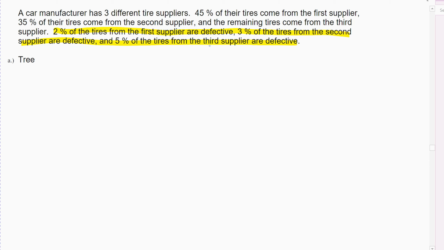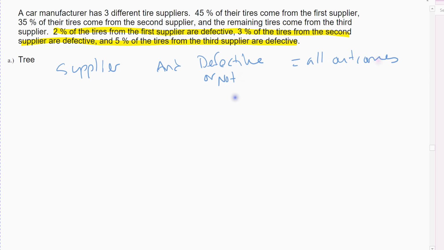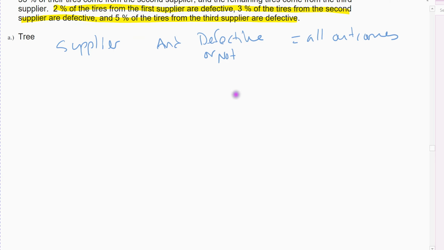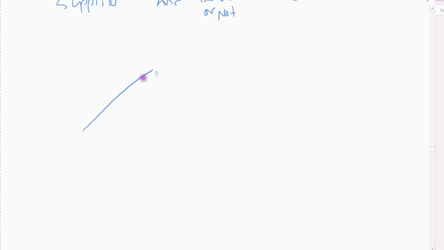So my tree is first, what supplier do we have? And then whether we're defective or not. And then all outcomes. Alright, so there's 3 suppliers, and I'm just going to use 1, 2, 3. So I've got 3 branches again.